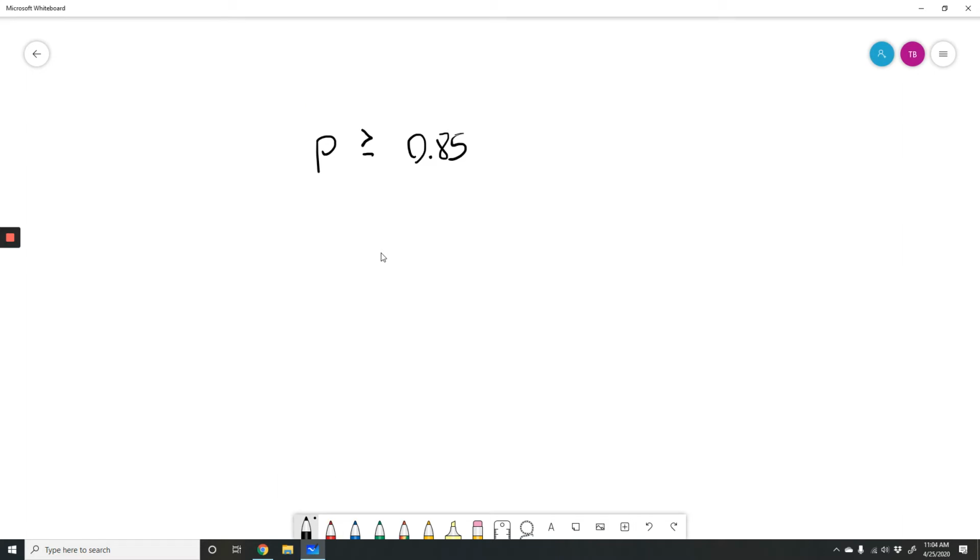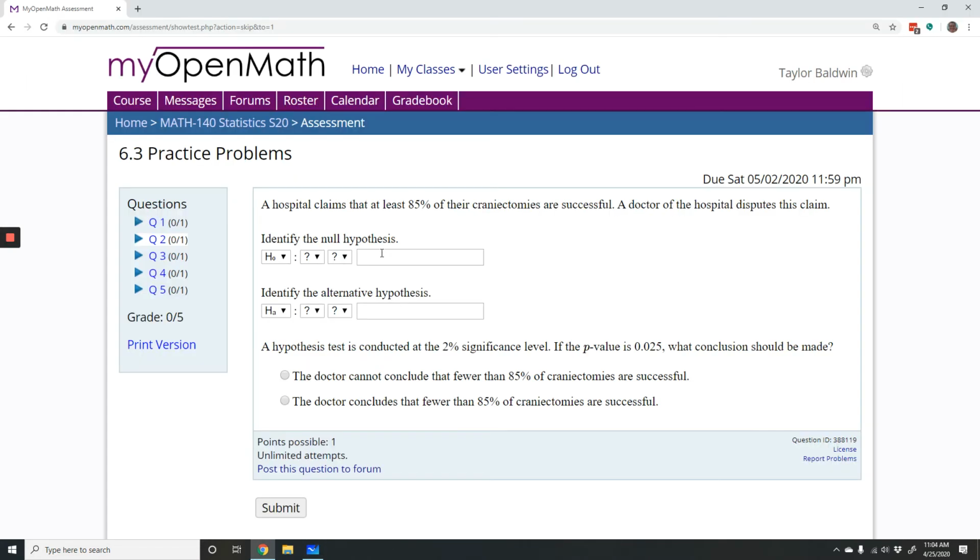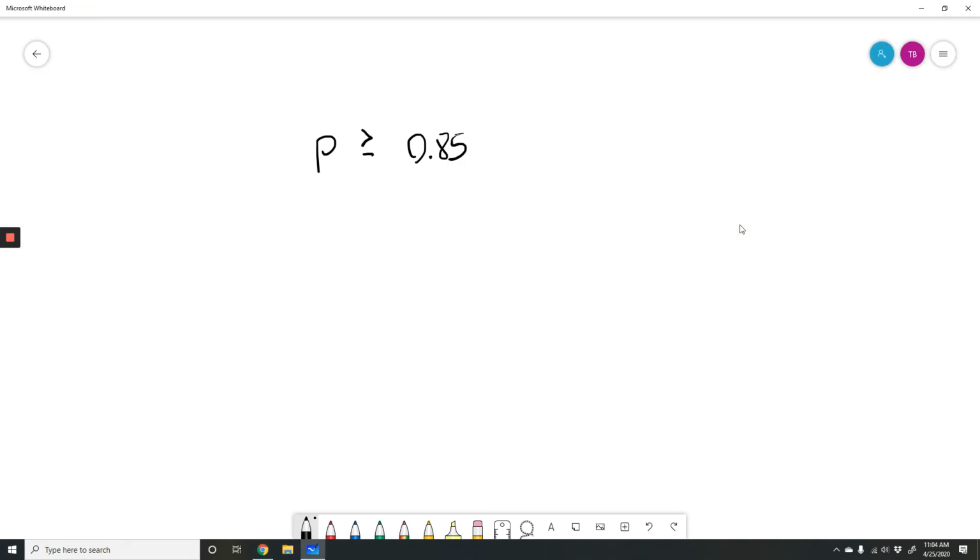Okay, so this is going to be one of our hypotheses. In this case, we just wanted to test the claim. We don't have any additional information, so our other hypothesis is just going to have the opposite symbol in the middle. So in this case, the opposite of greater than or equal to is less than.